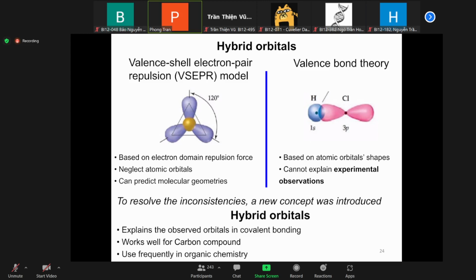About the valence bond theory, it is based on the overlap of the orbitals, so it is based on the atomic orbital shape. That means we can say the overlap of the orbitals S and P will be less easy than if we take two S orbitals, because you can see that the S orbital has very high symmetry.